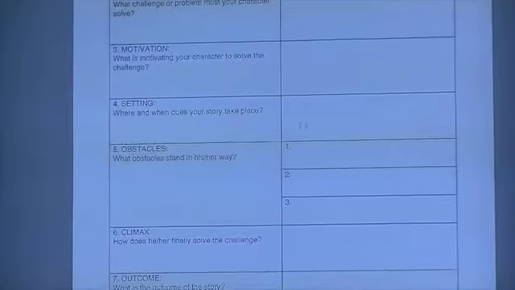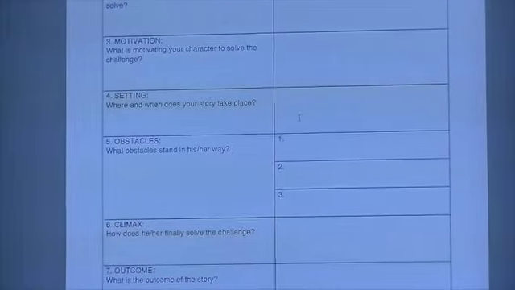The next step is your setting, which is where and when your story takes place. If it isn't important, then it doesn't have to have that many details. If it is important, you want to make sure you add a lot of description.